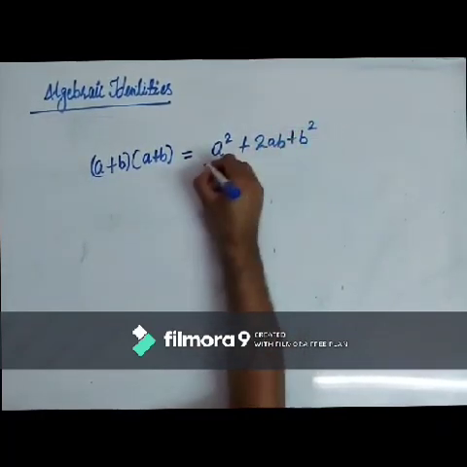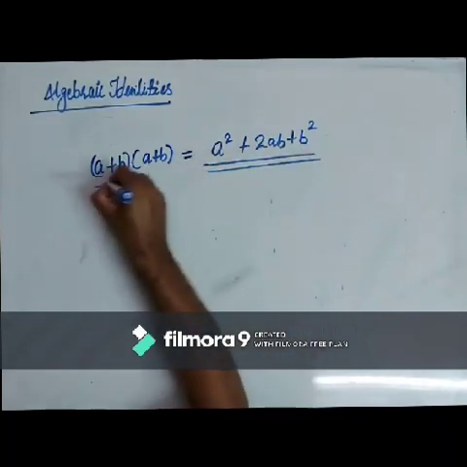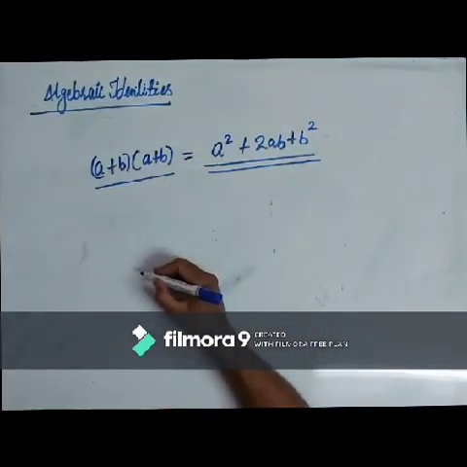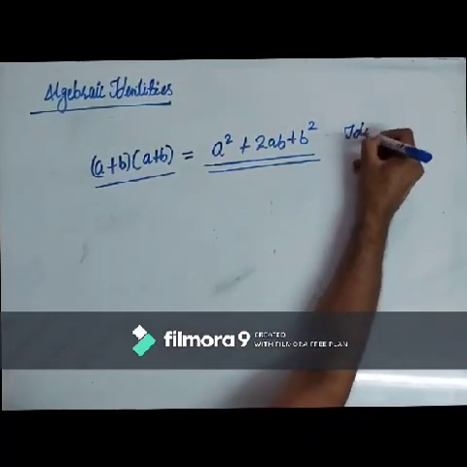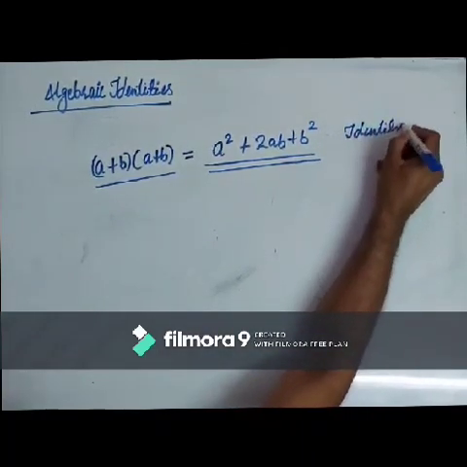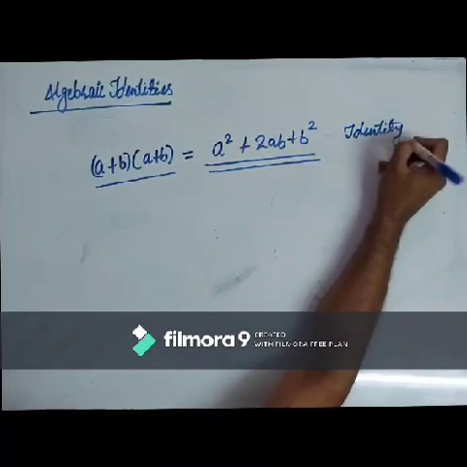So if we remember this particular binomial into binomial, then we call it an identity. Why do we call it an identity?